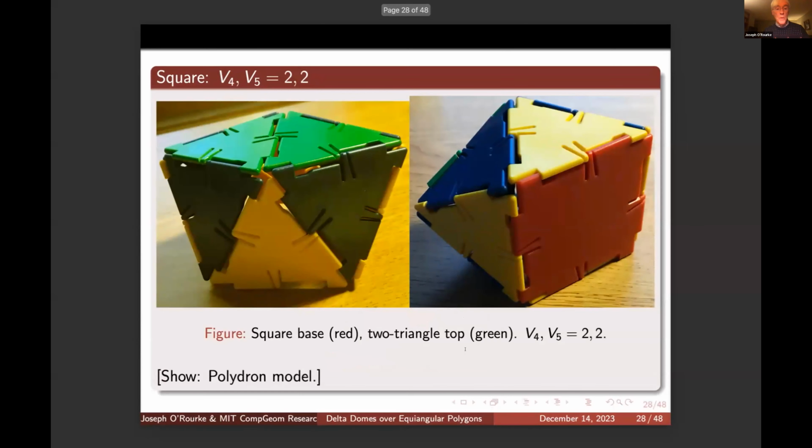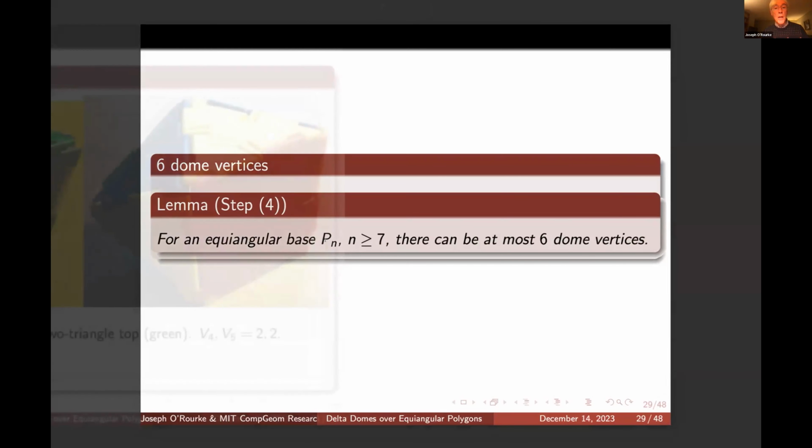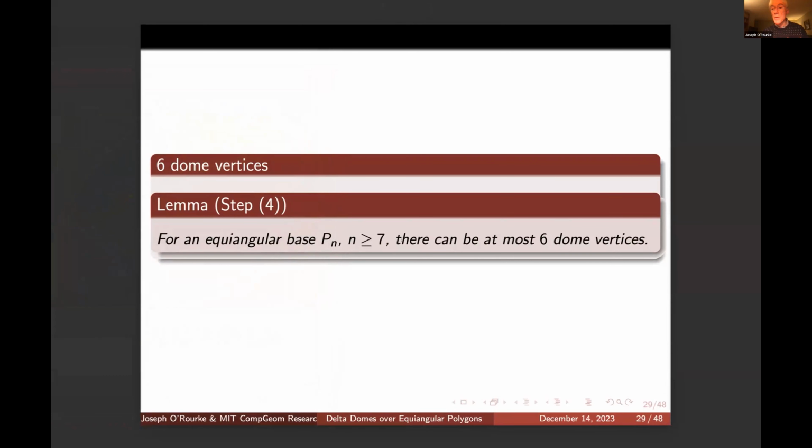So I just showed you those. So here's the conclusion. For an equiangular base polygon for n greater than or equal to 7, there can be at most 6 dome vertices. This is a significant constraint and kind of combinatorial in some sense.